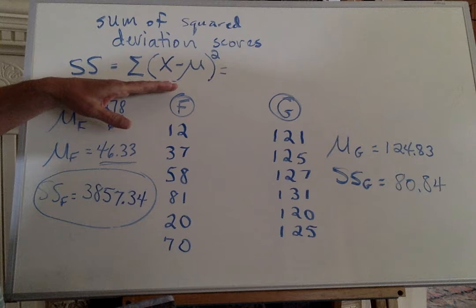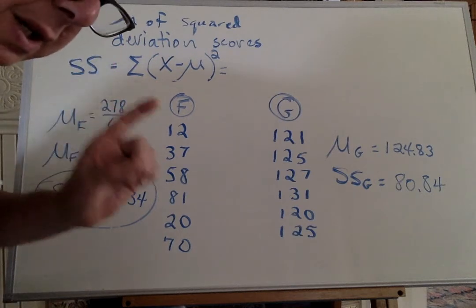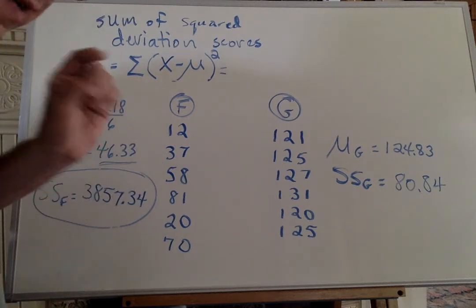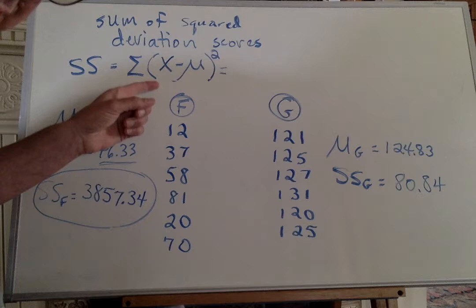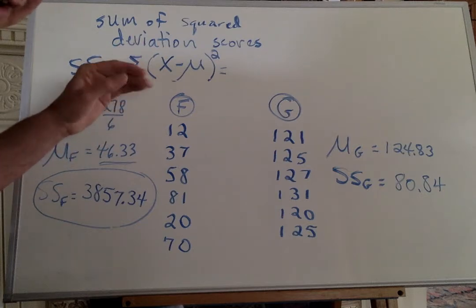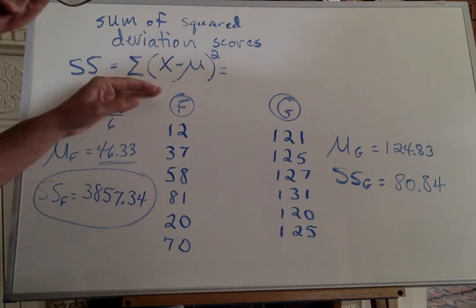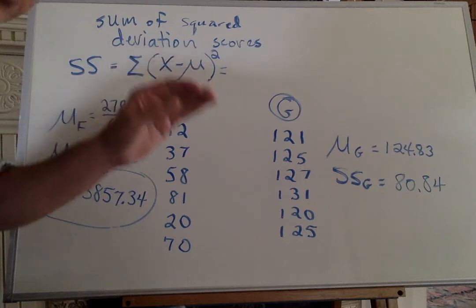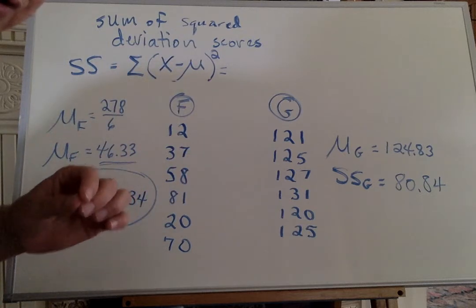Now, I know some of you are already thinking, well, if we're not going to use this formula, why the hell did we learn it? Because this is the concept, okay? And in fact, this is called the conceptual formula. I'm going to switch over to the computational formula.